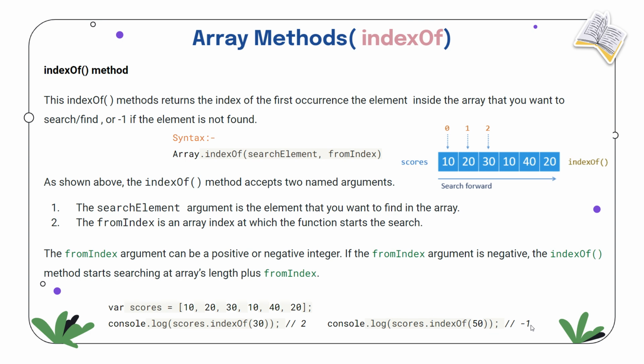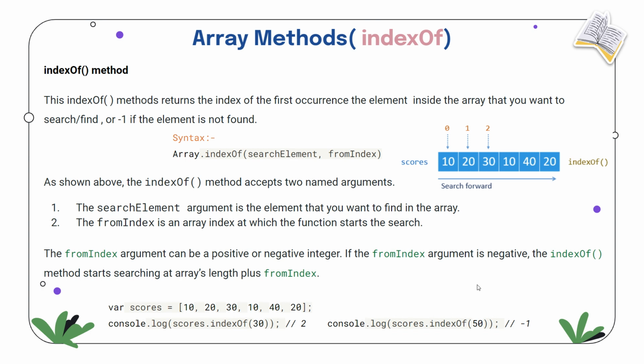Why won't it return 0? Anything with 0 is treated as a false value in JavaScript. But also it won't return 0 because index starts with 0. If it returned 0 for a negative result, we would feel like it's present at the 0 index.